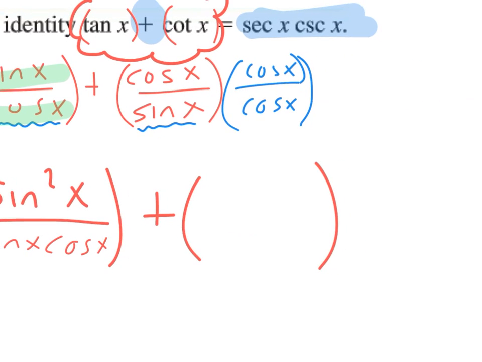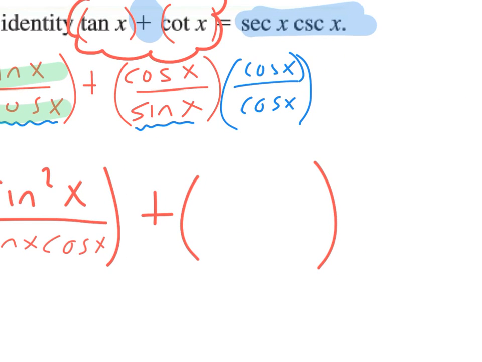Let's go to the right side. On the right fraction, I got a cosine x and a cosine x, so that's going to be a cosine squared x. And then on the bottom, you just multiply the denominators, sine x cosine x.